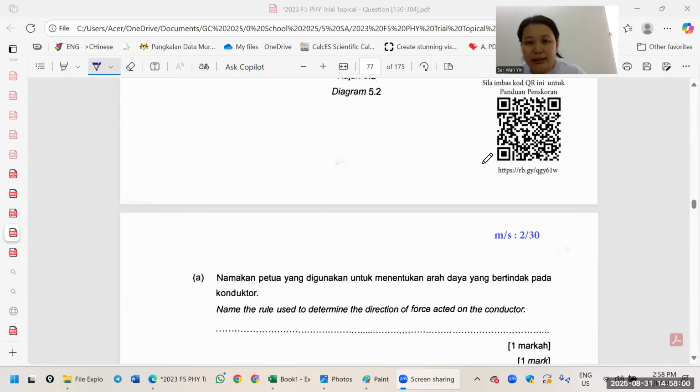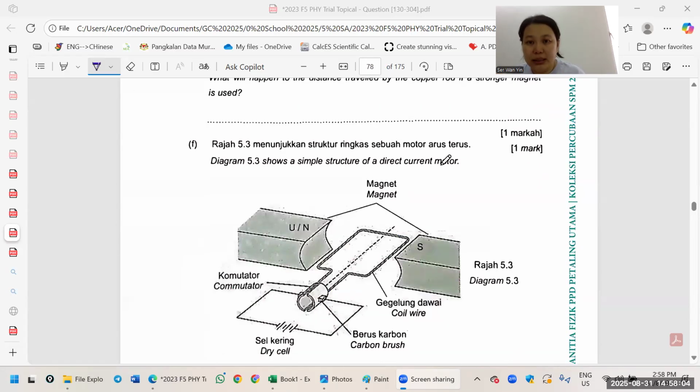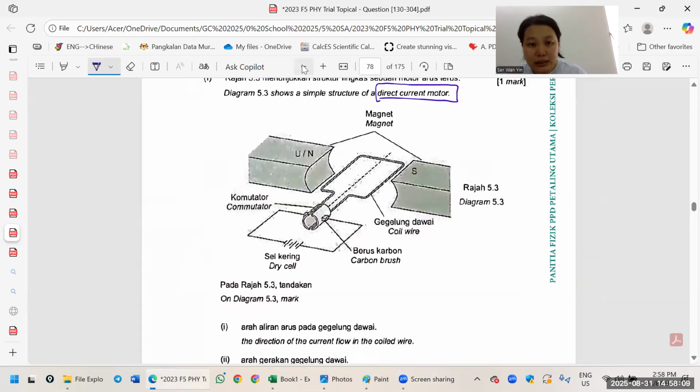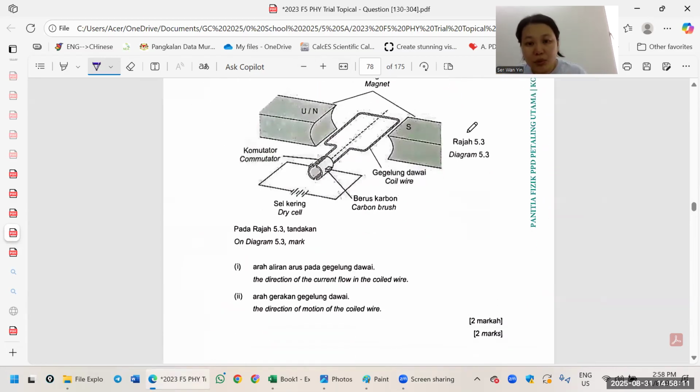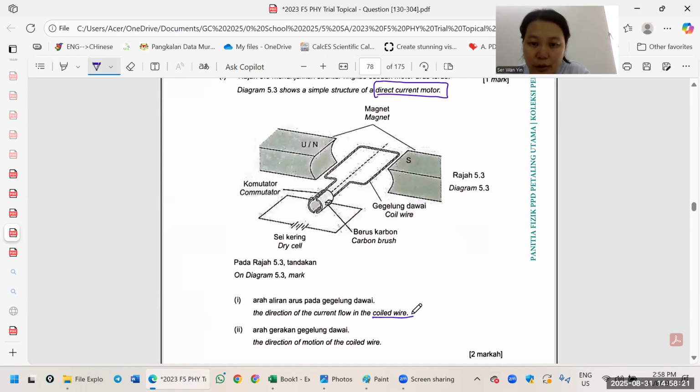This one, Fleming's left-hand rule, you're all very good already, right? Now, this is a DC motor. Let's label the direction of current flow. Current always flows in the coil wire.